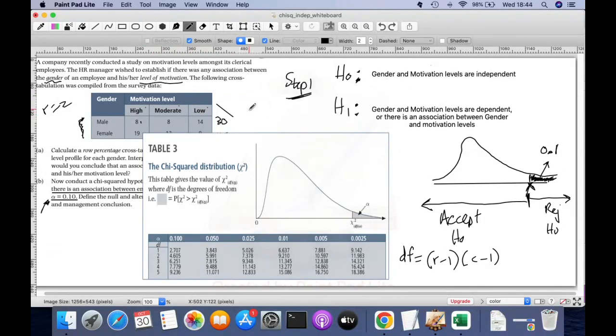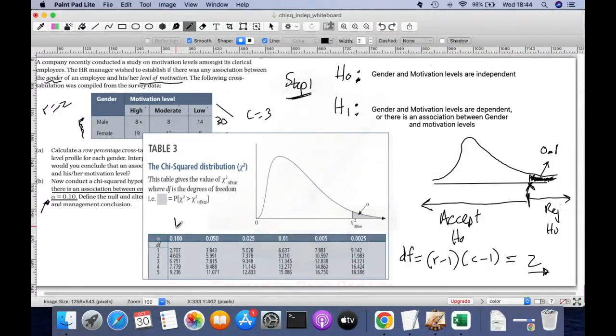So your c is 3, and your r is 2. If you substitute that into this formula, you will get 2. Try that if you want. 2 minus 1, which is 1, times 3 minus 1, which is 2, gives you 2. And that's your degrees of freedom.